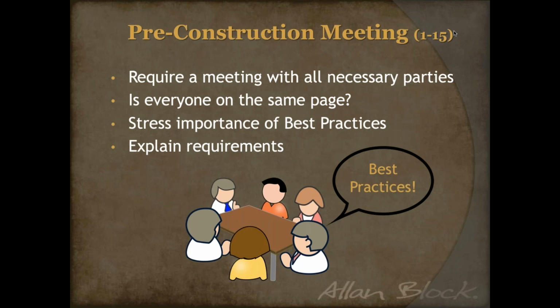Now, the reason that it's so important is because, like I said before, it's going to make sure everyone is on the same page. It's going to make sure everyone is aware of the requirements that need to be met with the retaining wall, and it's also going to establish each person's scope of work for any parties involved in the wall design. That's why that's so important.